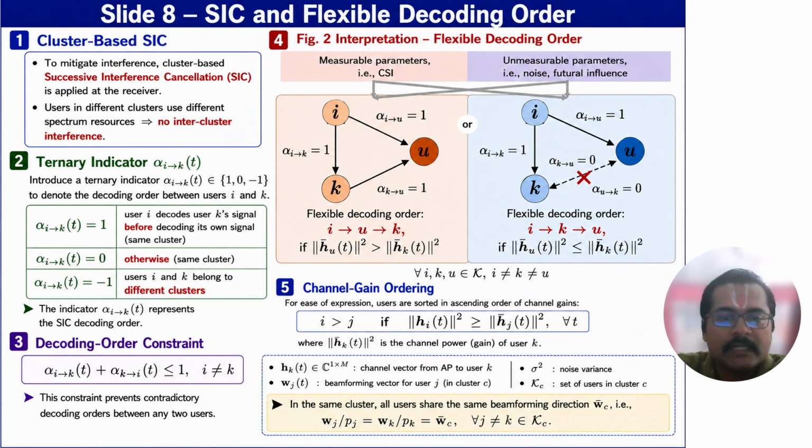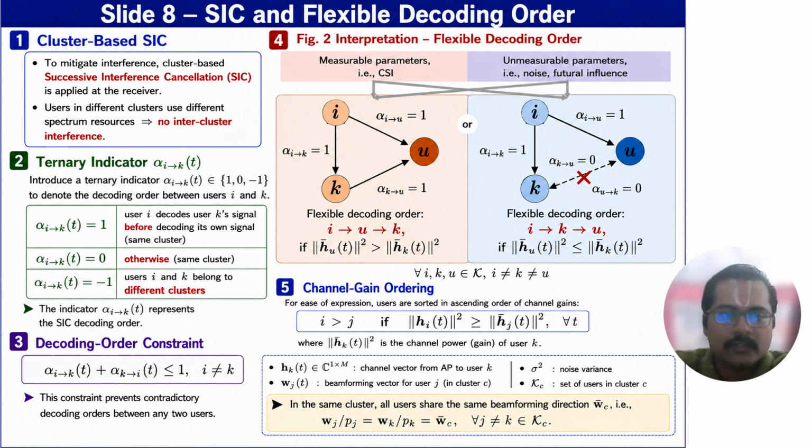So this is the decoding order proposed by the authors in this paper. Why do you need a decoding order? If you understand why we need successive interference cancellation, then you can understand the decoding order, because we are clustering the users, and users in the same cluster receive unintended signals of other users in the same cluster.